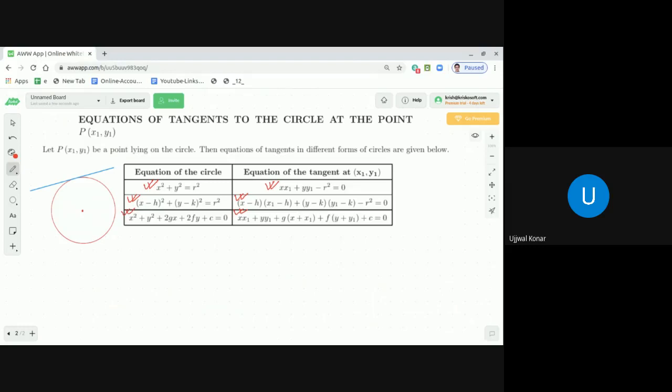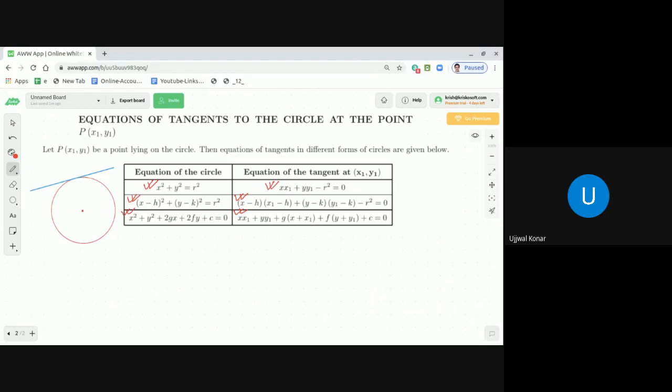So all these straight lines, that is xx1 plus yy1 minus r square equal to 0, or (x minus h)(x1 minus h) plus (y minus k)(y1 minus k) minus r square equal to 0, or xx1 plus yy1 plus g(x plus x1) plus f(y plus y1) plus c equal to 0, are all representing the equation of a straight line passing through (x1, y1). Correct? Now that will become a tangent if that point (x1, y1) is lying on that circle.